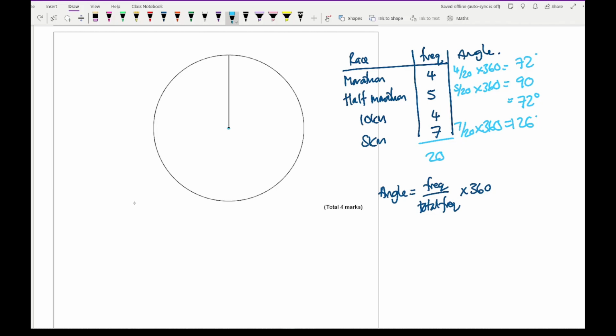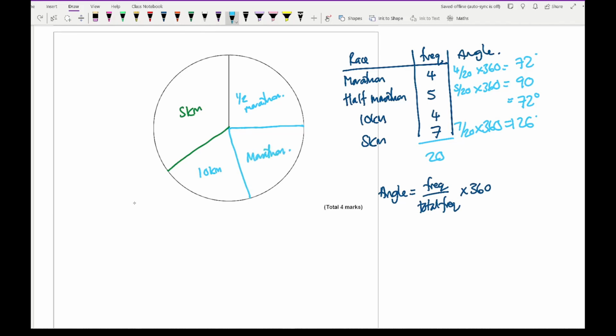So from this, what you should have, and again, make sure you are labeling these. So this is going to be the half marathon. Then for 126, let's just say for argument, I'm not doing this accurately, but I would say this length here is going to be the 5k, and then half of what's left is going to be the 10k and the marathon.